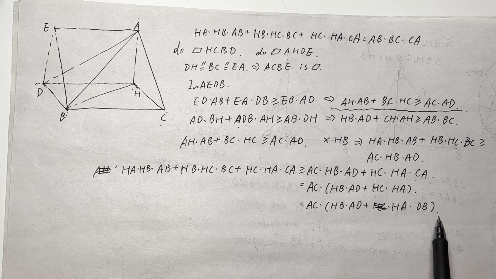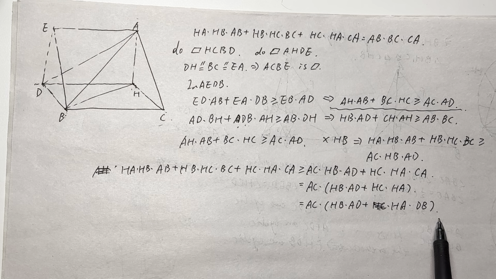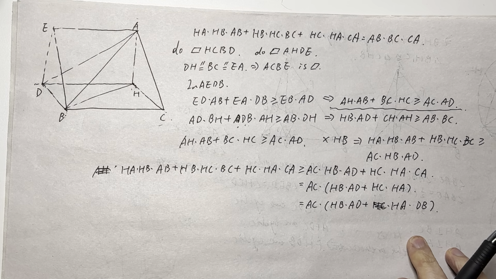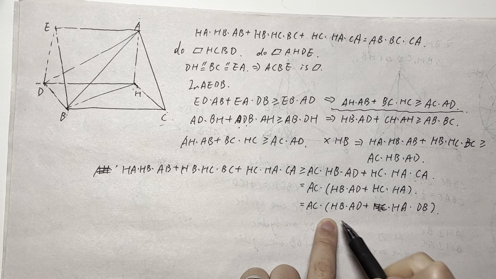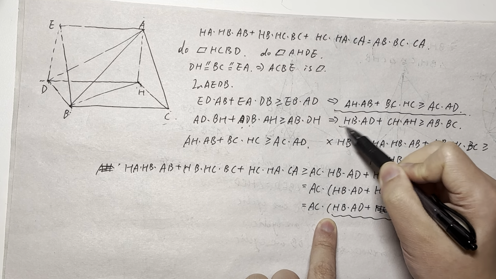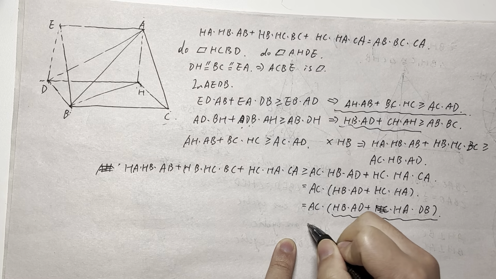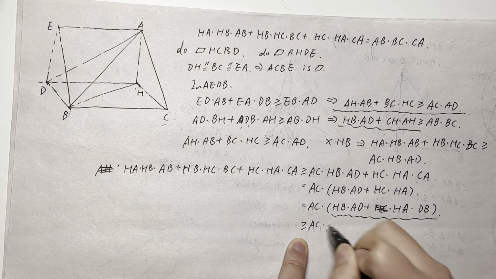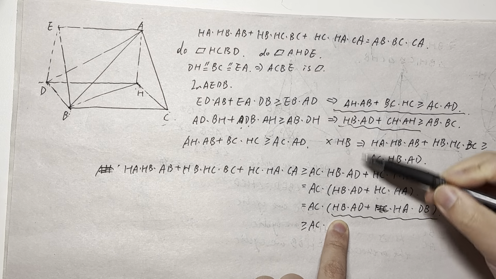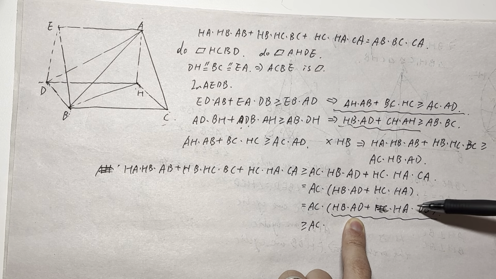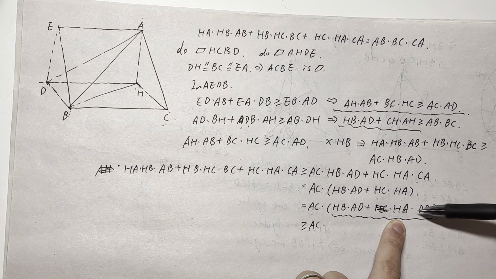So let me see. Comparing this one to this one, it is also larger than AC times, we replace this, right? HBAD and AHDB.